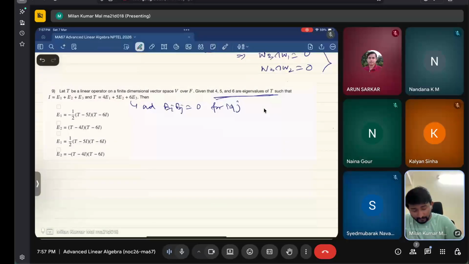So clearly, whenever you have this, T is diagonalizable. So here is a very interesting theorem.